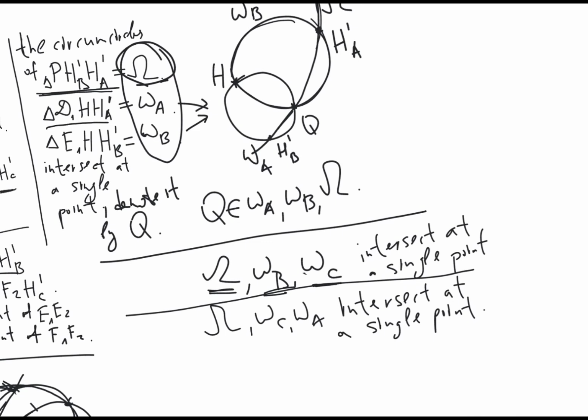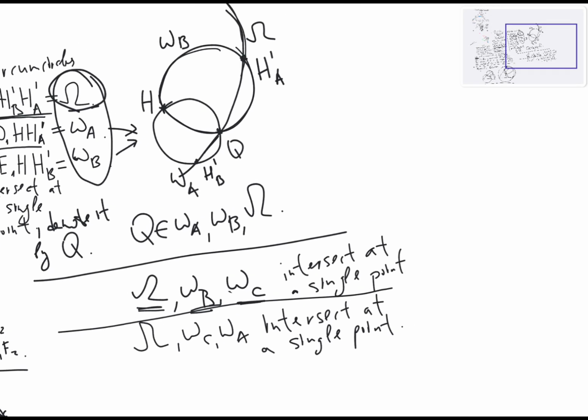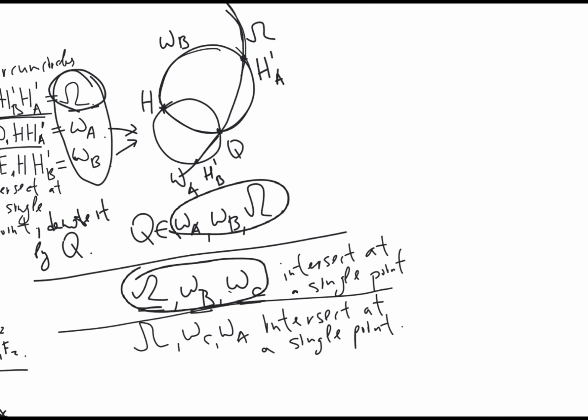So the only possibility is that it's this point Q. Because in these three circles and in these three circles we have two of them in common, omega B and omega, the only possibility for the intersection point is one of the two intersection points of these two circles, and one of them does not pass through the third circle. So the only possibility is that this point is Q.